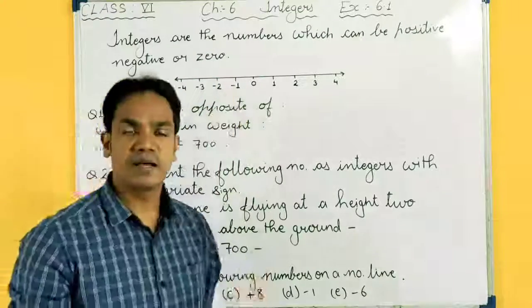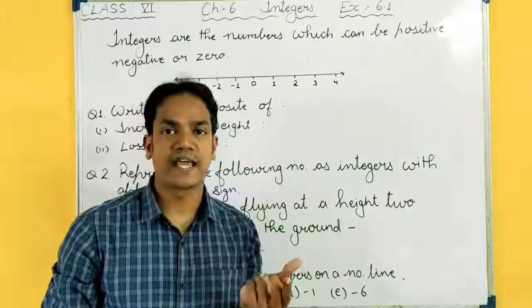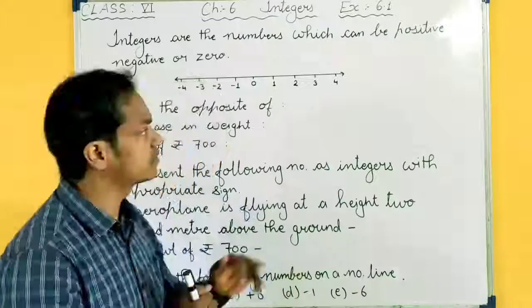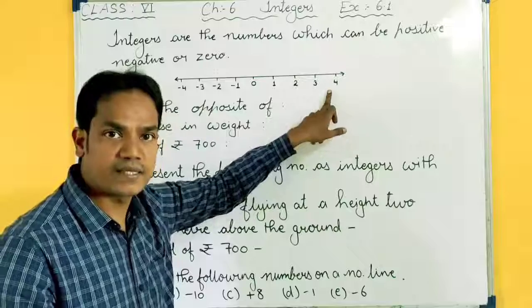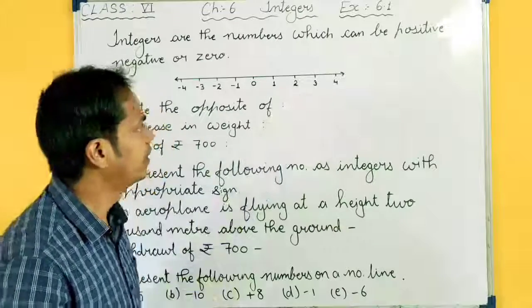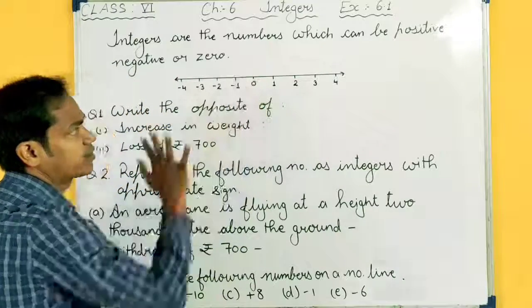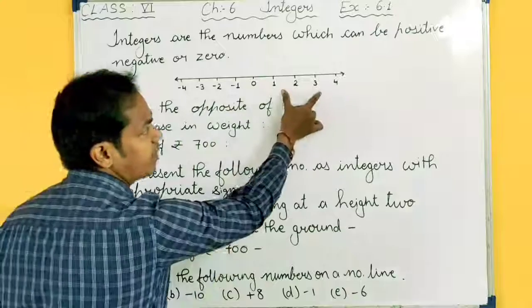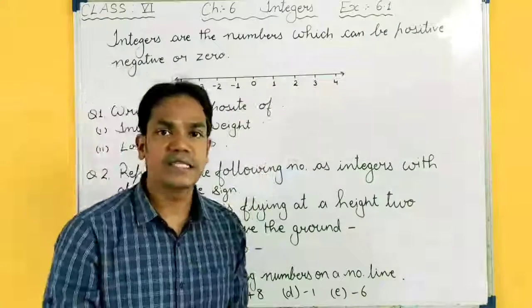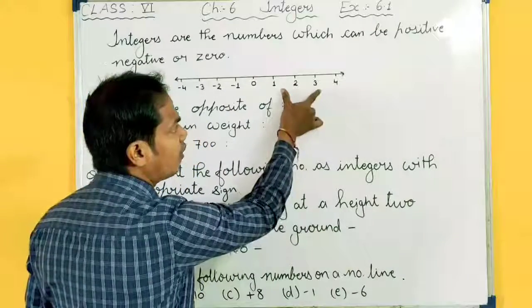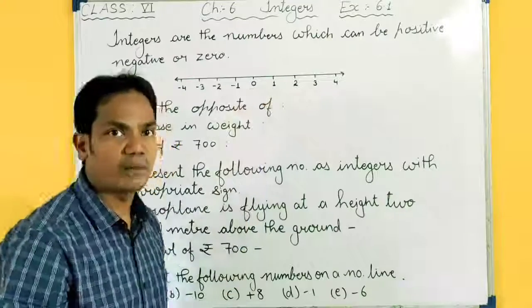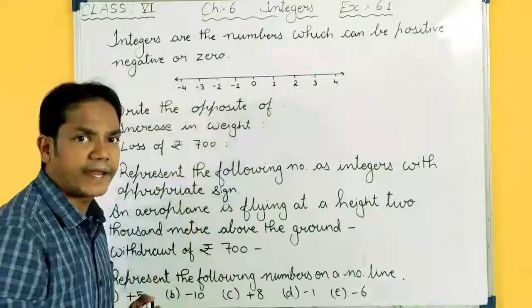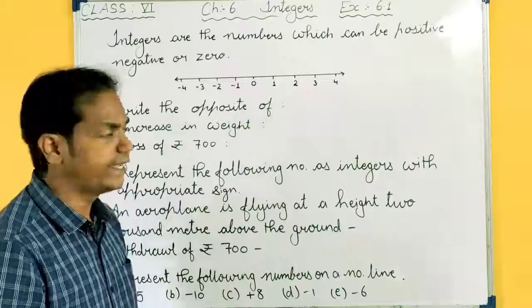The numbers with a negative minus sign are called negative integers, and the numbers with a plus sign are called positive integers, and the center point is always 0. So these are all natural numbers. The combination of all natural numbers and the whole number 0, including all negative numbers, are called integers.